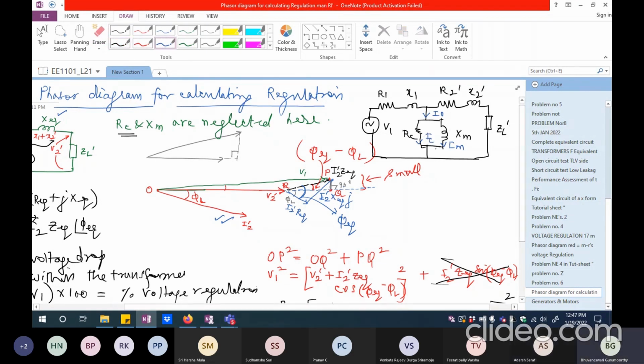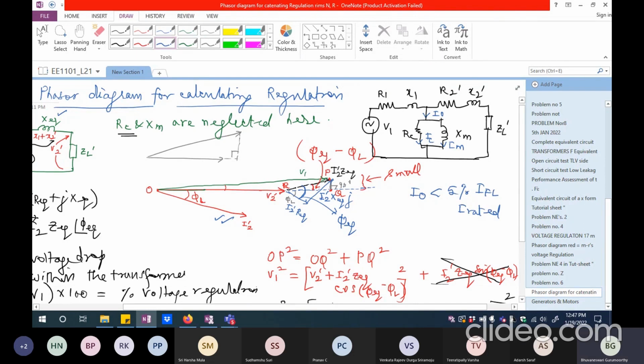No load current we are neglecting, because no load current is going to be less than 5% of full load current or rated current. So we are going to neglect it, and neglecting that practically does not affect when you try to assess the performance of the transformer. So that's why I said engineering is all about approximation.